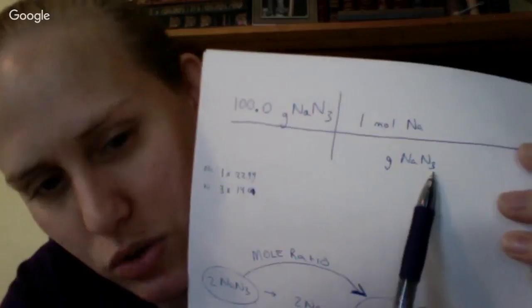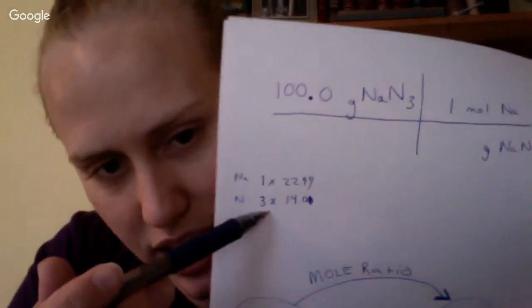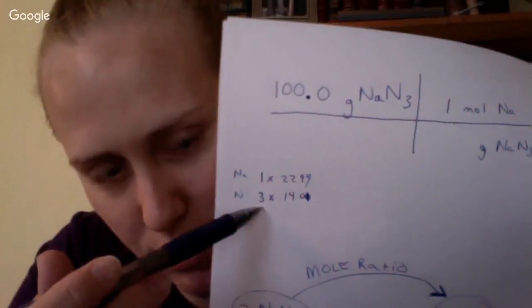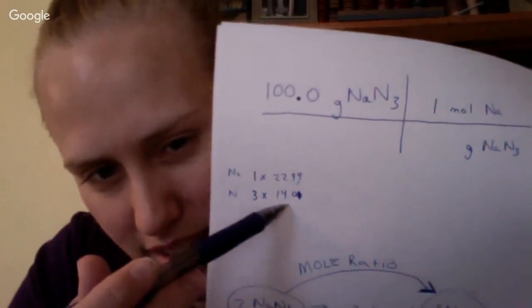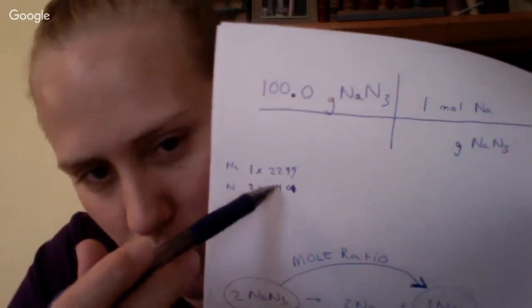3. So notice, when you're finding the molar mass, you multiply the number of them that you have by its mass. So we have 3 of them times 14.01. Obviously the top one is going to be 22.99 because it's times 1.